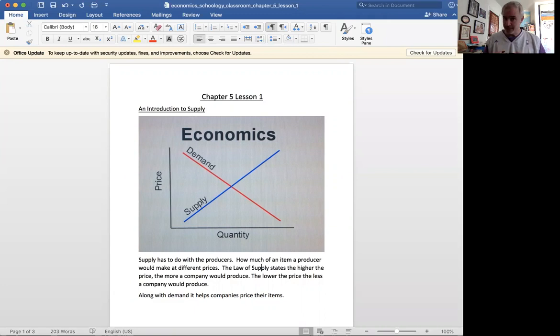We said that demand was the amount of an item that the consumer would buy at different prices. Supply then is going to be the opposite of that. It's going to be the amount of an item a producer can make at different prices along the spectrum.